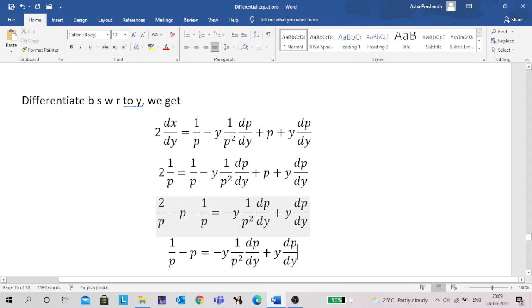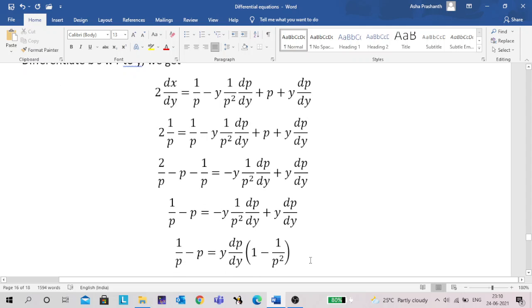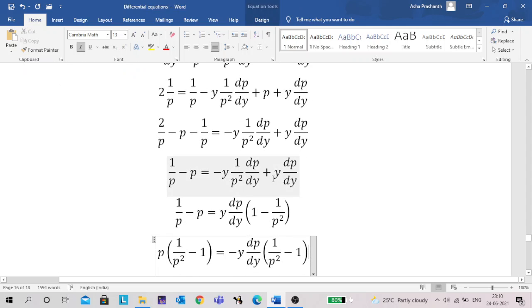So then this 2 by p minus 1 by p, 2 minus 1 is 1 by p, right? Minus p as it is. Then here the things are as it is in the right hand side. Here y into dp by dy is a common term, right, in the right hand side. So if I take outside y into dp by dy, so 1, here minus is there, so that's what I've written then in the second term.